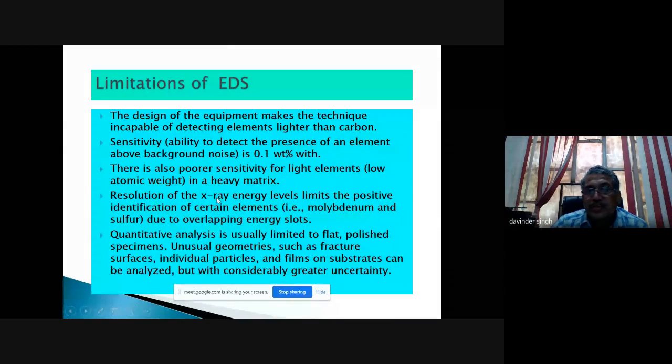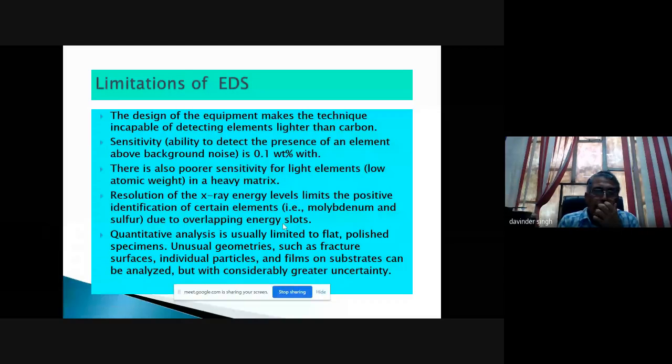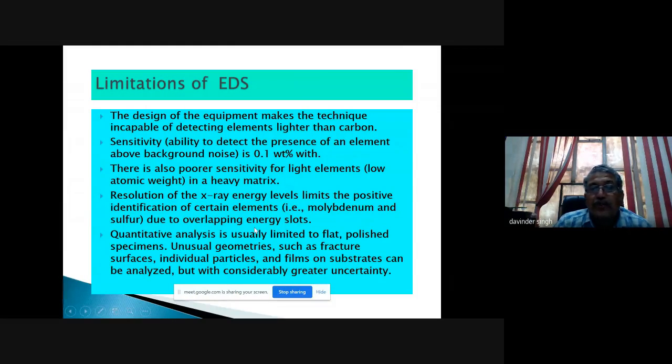The resolution of X-ray energy levels limits the positive identification of certain elements like molybdenum and sulfur due to overlapping energy slots. Molybdenum and sulfur both emit a similar type of energy, so overlapping takes place, and you cannot distinguish between sulfur and molybdenum.